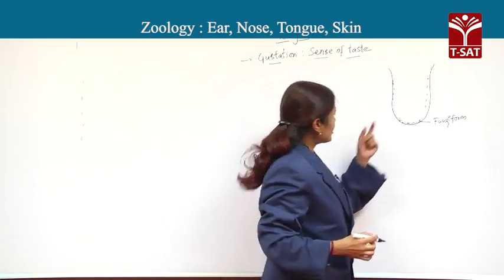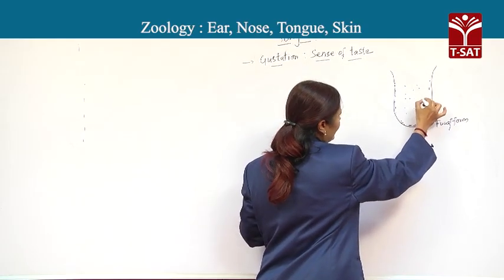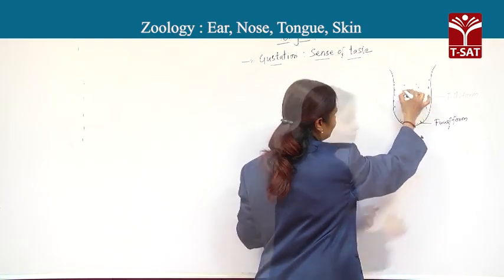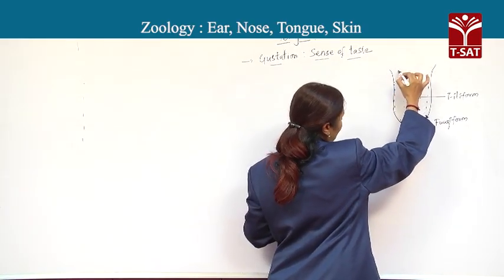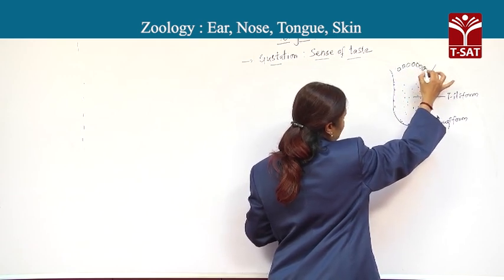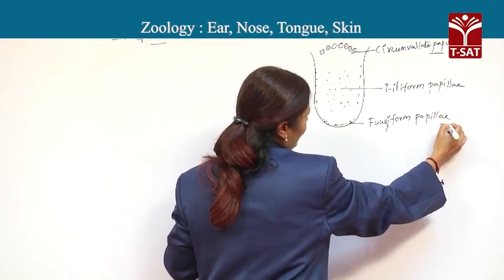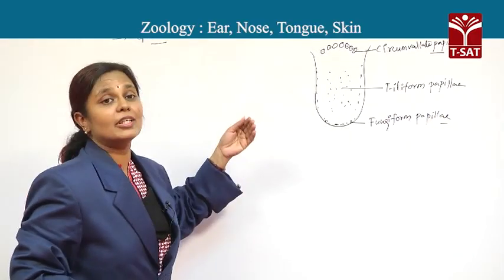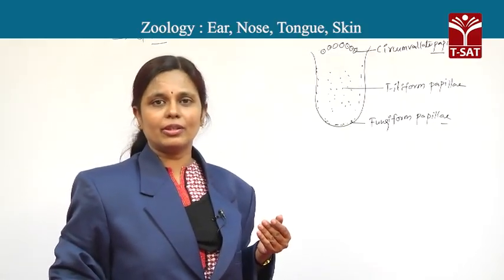Then filiform papillae present on the surface of the tongue, and the third important type, circumvallate papillae present at the base of the tongue. They are nothing but sac-like structures present on the surface of the tongue, giving a rough appearance to the tongue.